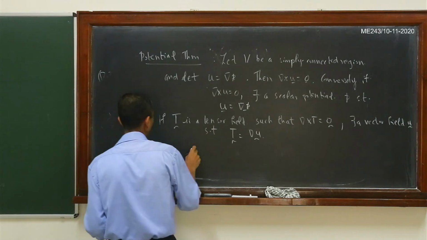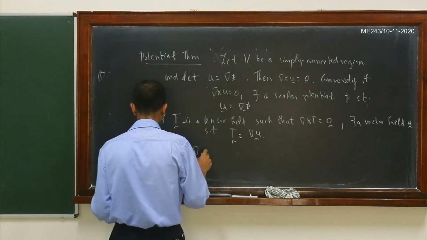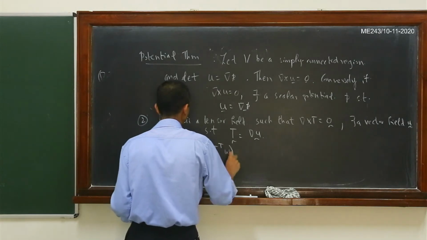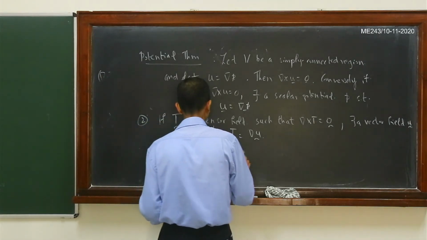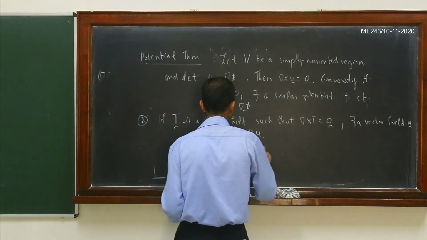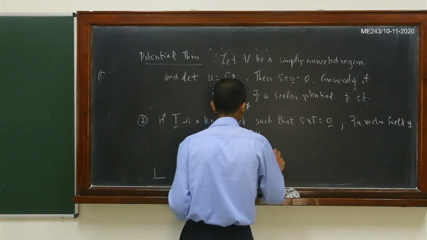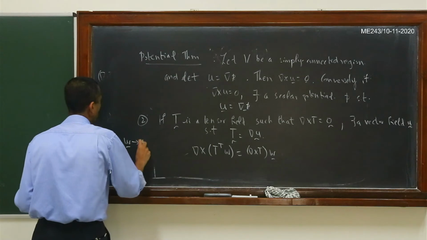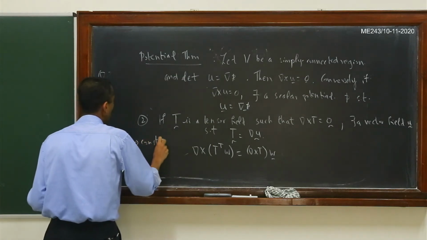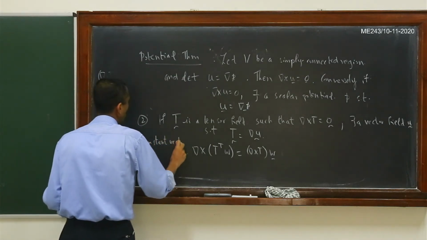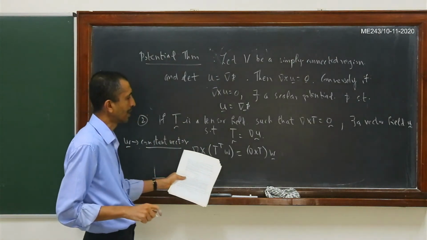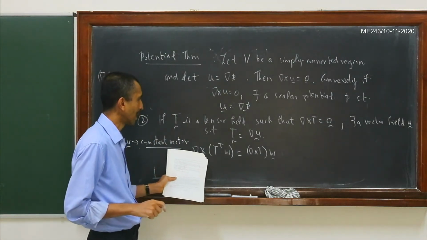So the definition, if you recall, was that (del cross T) transpose W is equal to del cross (T transpose W). Okay. So W is a constant vector. So this is very important. If you recall, W was a constant vector, and then this was the definition for the curl of a second order tensor.